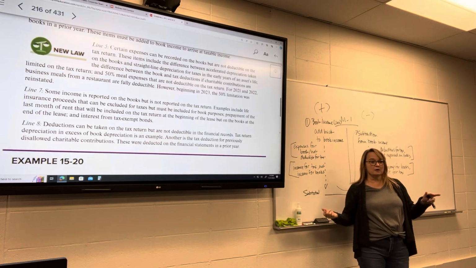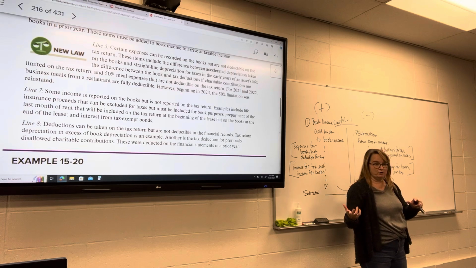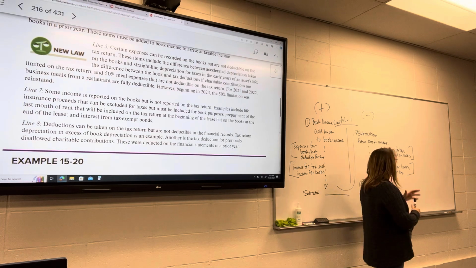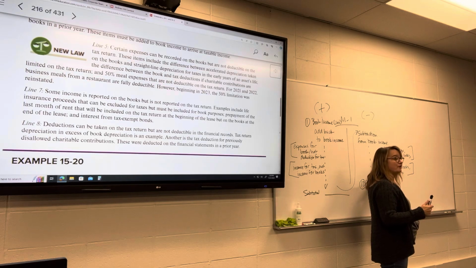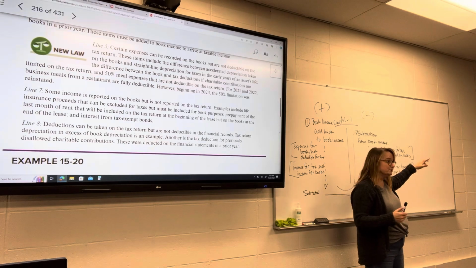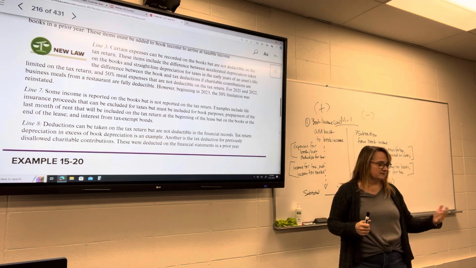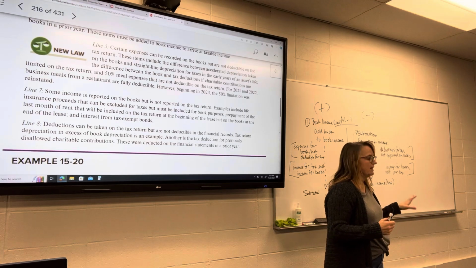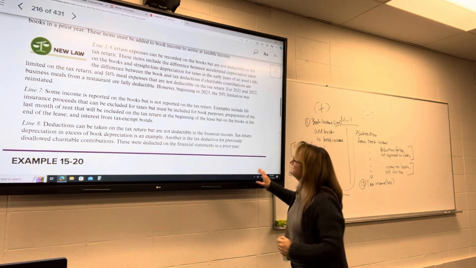Same thing for capital loss carry forwards. You might have a capital loss carry forward that's offsetting capital income this year on your tax return, but on your financial statements, you don't have that deduction. So that would be another example, okay?